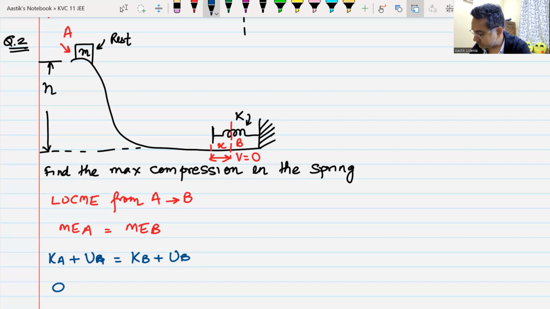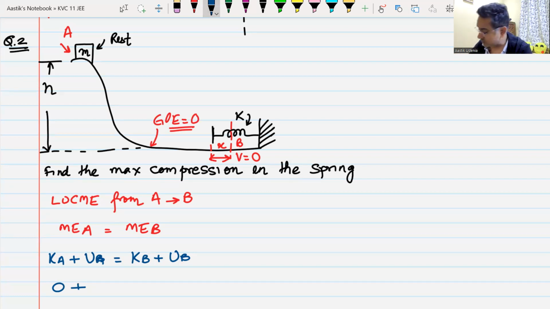Now, as soon as you talk about potential energy, there are two types of potential energy. For gravitational potential energy, I can take the lowest point as 0 energy. Having said that, what is the potential energy at point A? mgh.